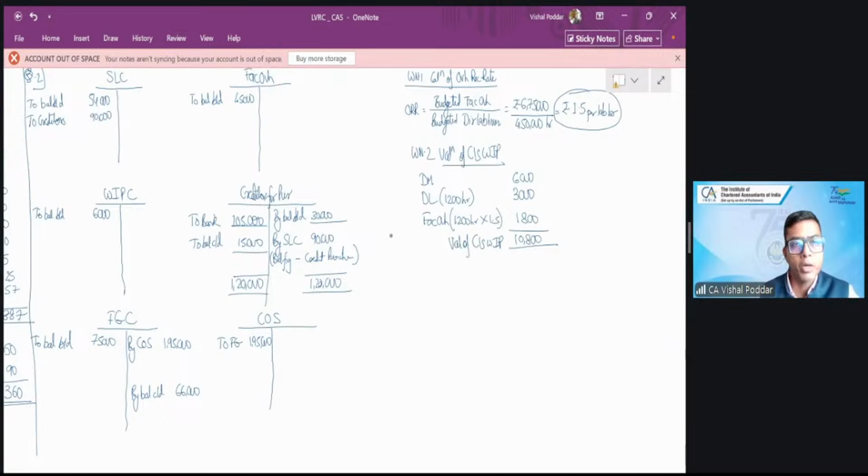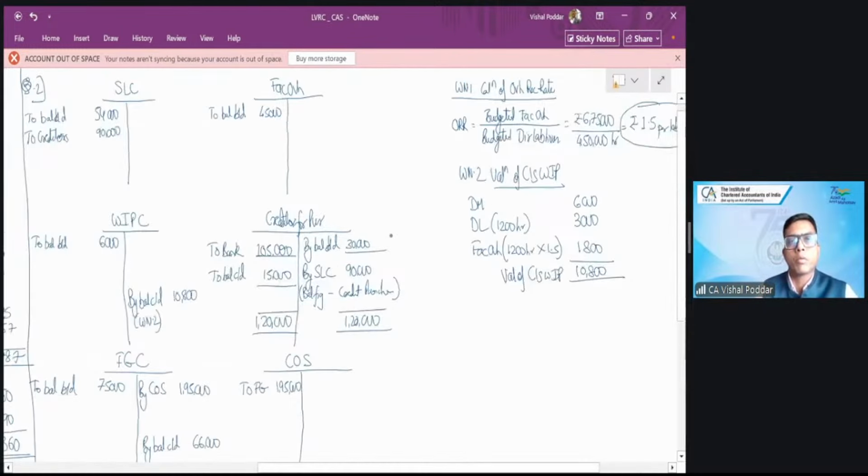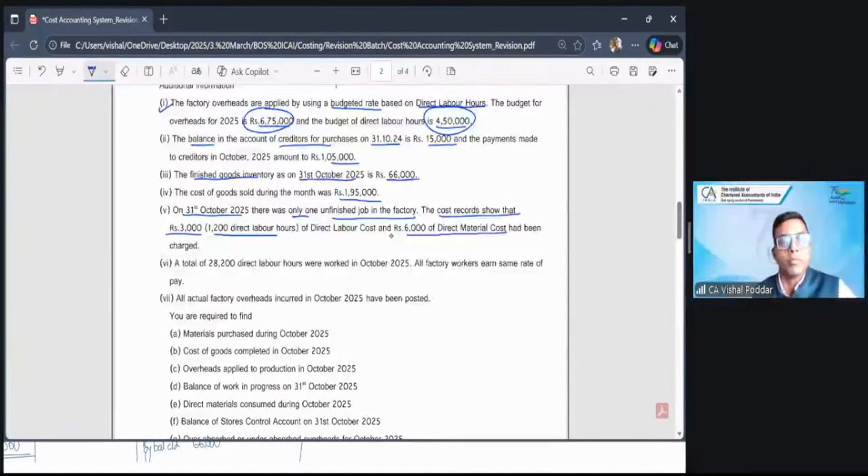So my value of closing WIP comes to, in WIP account, by balance carried down, working note 2, 10,800. Correct? So this is my second working note, which has given me the closing balance of WIP. Then it says total of 28,200 direct labor hours were worked.